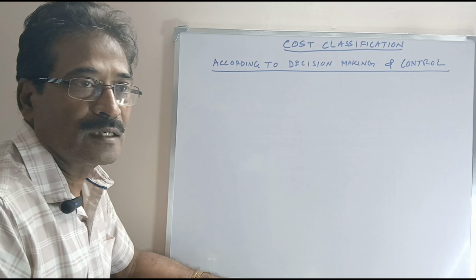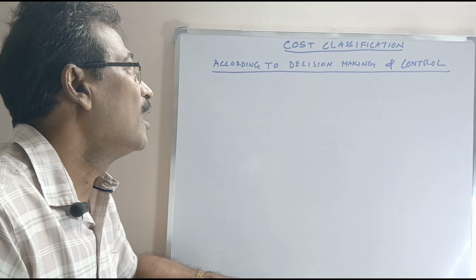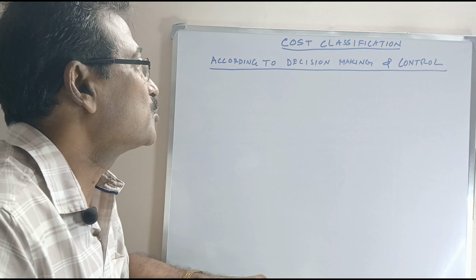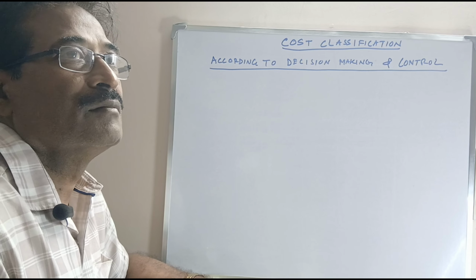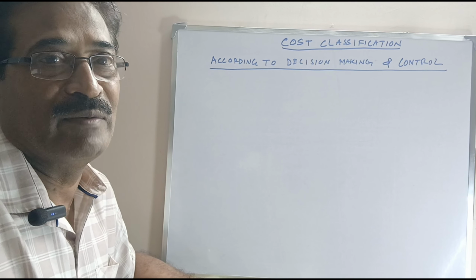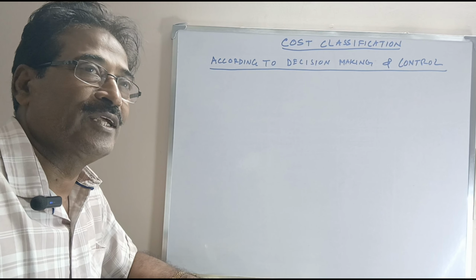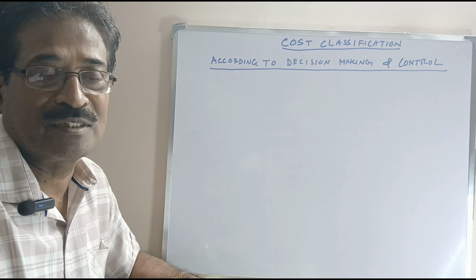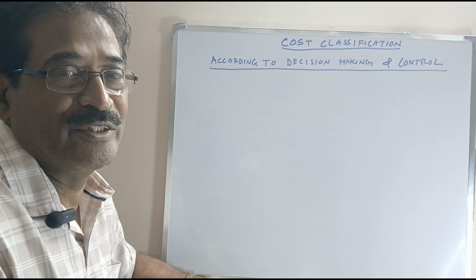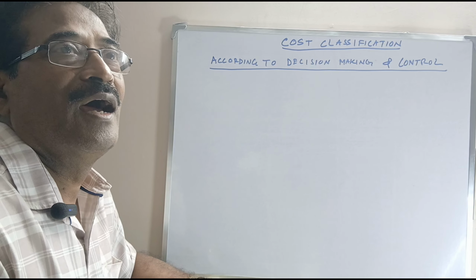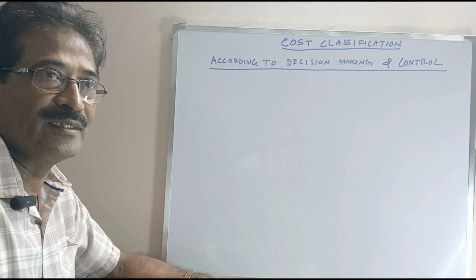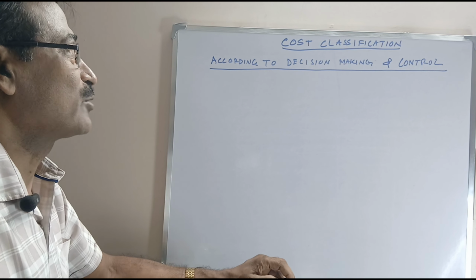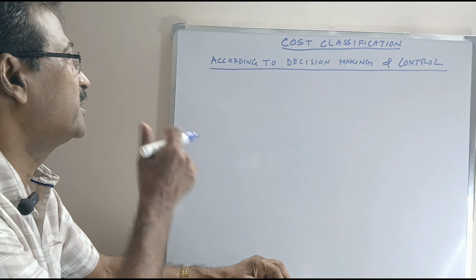This is a continuation of our earlier class on cost classification, where we have discussed various methods of cost classification according to elements like material, labor, overhead, according to function, that is production overhead, selling overhead and administrative overhead, according to behavior like fixed cost, variable cost, semi-fixed and semi-variable, according to controllability like normal cost, abnormal cost, according to time when computed, that is past cost and predetermined cost, and last one is cost classification according to decision making and control.